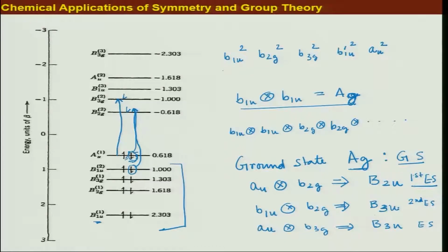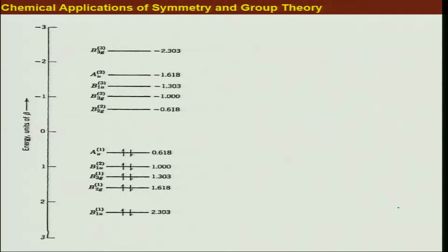So in the next step, you have to solve this problem, that is, you have the excited state having symmetry B2U, and you have to take a direct product with the Cartesian coordinate system.